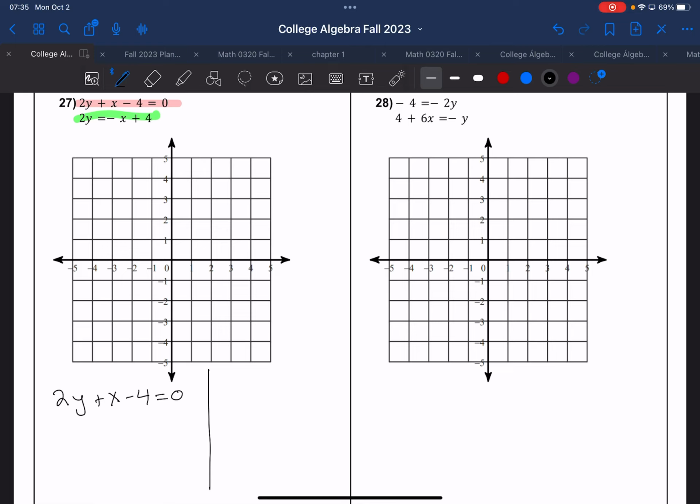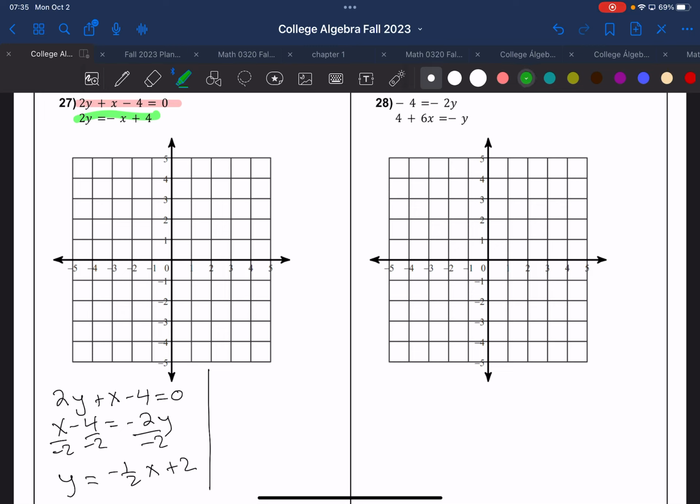Subtract 2y over, so we would have x minus 4 equals negative 2y. And then what? Divide everything by negative 2. And I'm going to place my y on the correct side. So I have y is equal to negative 1/2 x plus 2. Remember, there is that invisible 1 in front of the x, and I just look at the numbers. 1 over negative 2 is the same as saying negative 1/2.